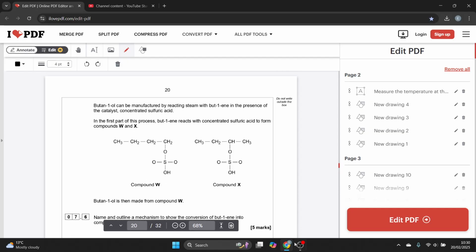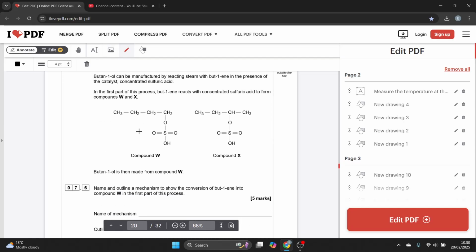Butanol can be manufactured by reacting steam with butene in the presence of an acid catalyst, concentrated sulfuric acid. Butene reacts with concentrated sulfuric acid to form compounds W and X. So, steam with an alkene.